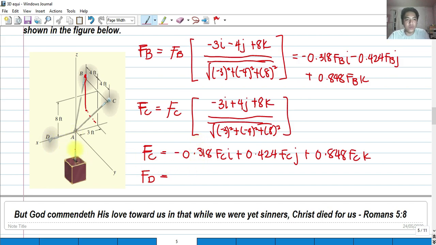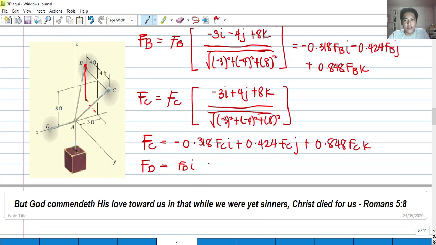So the component of that should be the scalar component FD, whatever the force FD is, in the positive i direction because it is in the positive x.